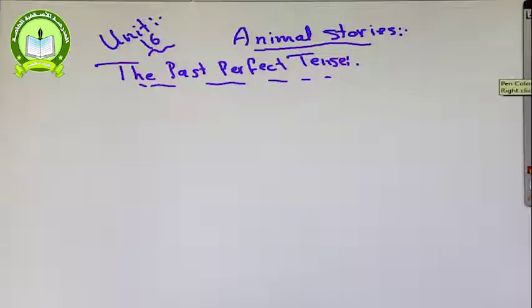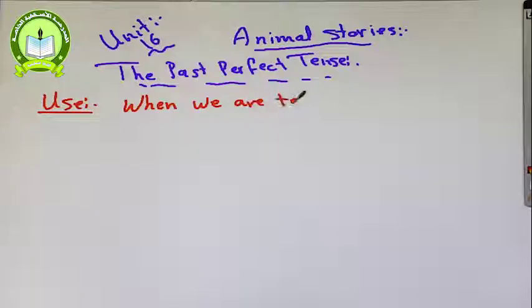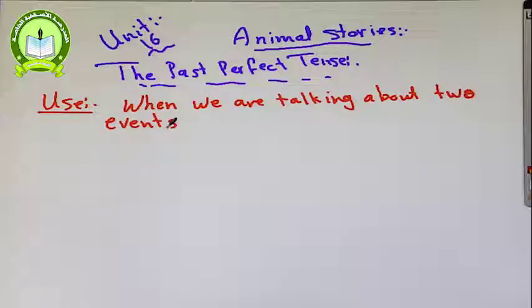You should know the use of each tense before you start. When should we use the past perfect? The past perfect is used when we are talking about two events in the past.